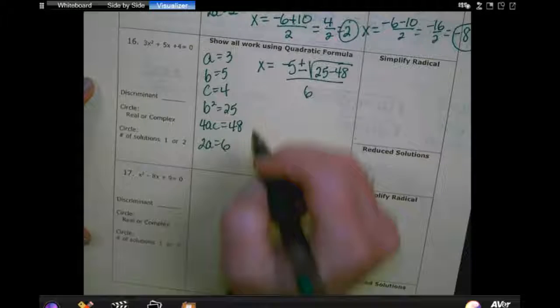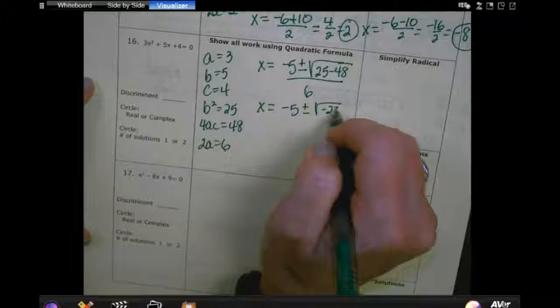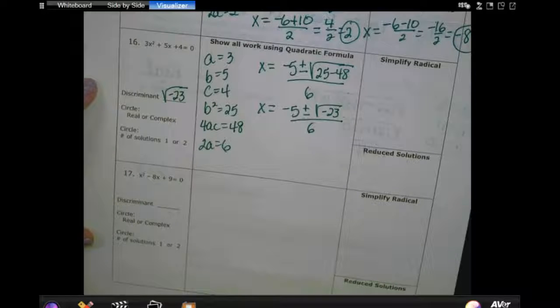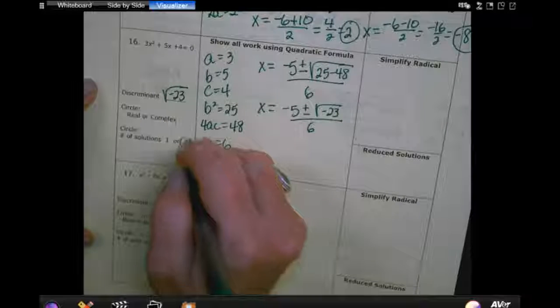So if I fill this in, I get negative 5 plus or minus the square root of 25 minus 48 all over 6. So my discriminant is negative 23. So what kind of solutions do I get? 2 and complex.